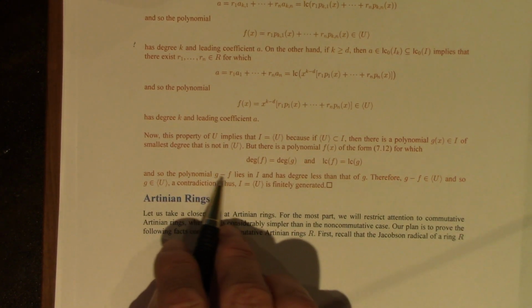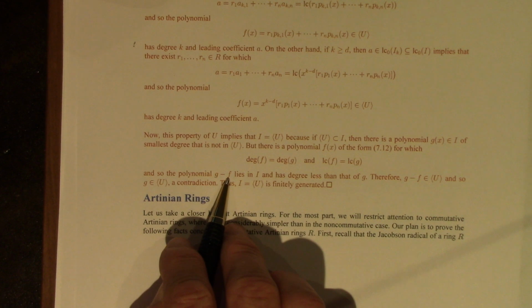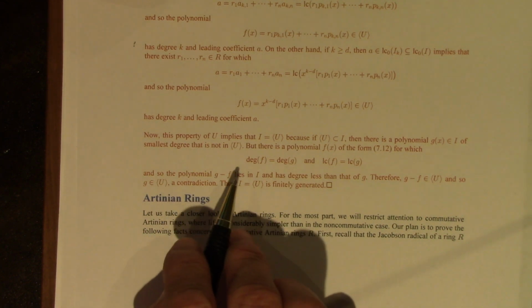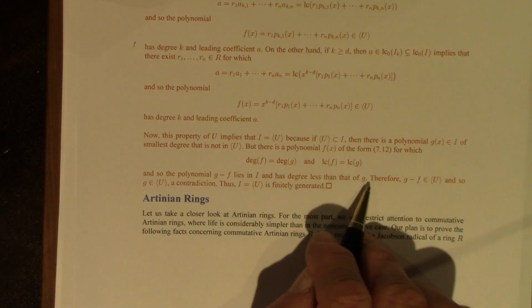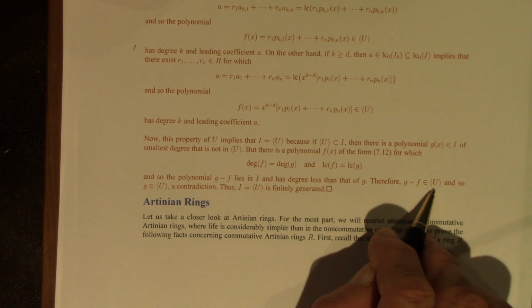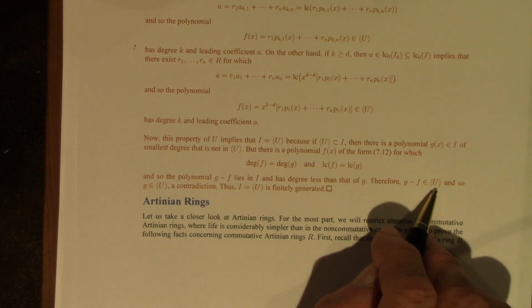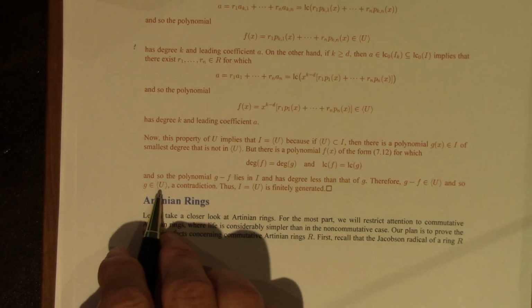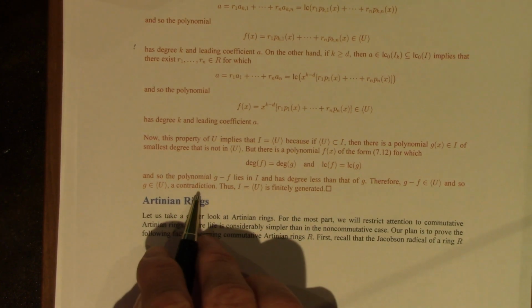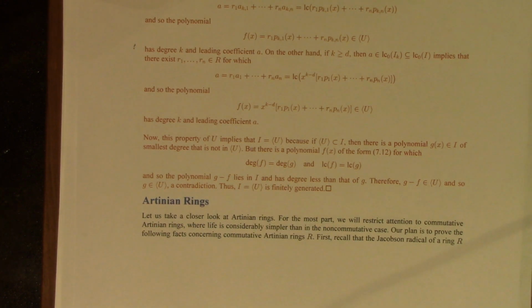So when we subtract g minus f, we get a polynomial in I, but its degree is less than that of g, so it must therefore be in the ideal generated by U, but f is in this ideal, therefore so is g. That's a contradiction. So I is finitely generated.